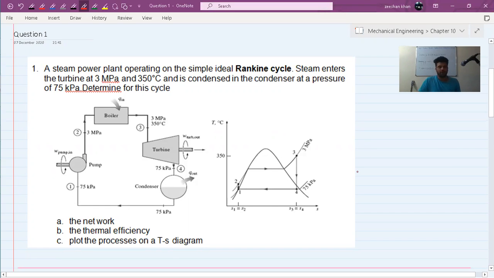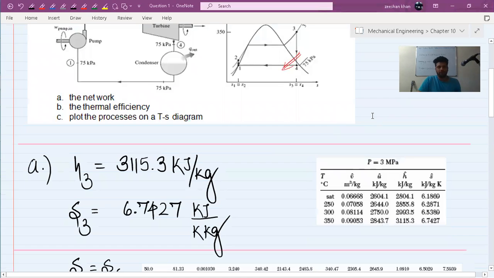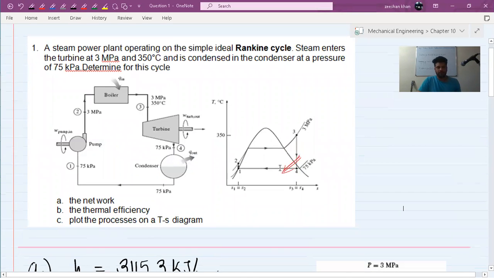Anyway, the most important thing in these kinds of problems is to find out the value of enthalpy. So we are going to find out the enthalpies at the third state, which is the turbine inlet, the fourth state, which is the turbine exhaust, the first state, which is the condenser exhaust, and the second state, which is the boiler inlet.